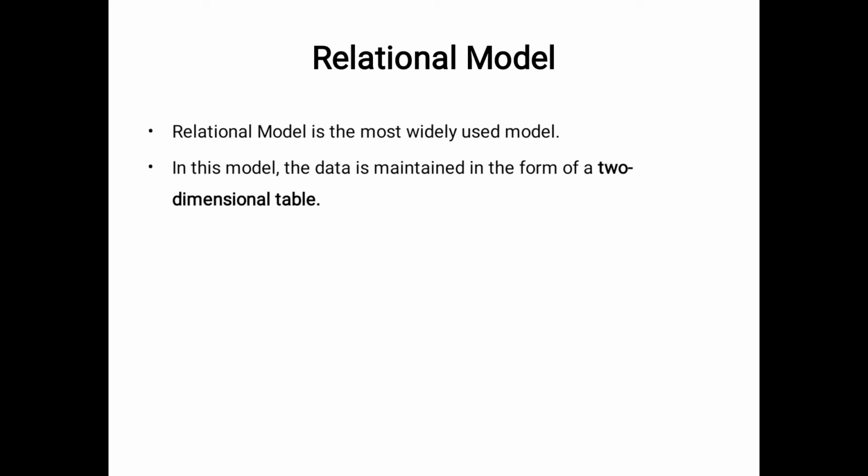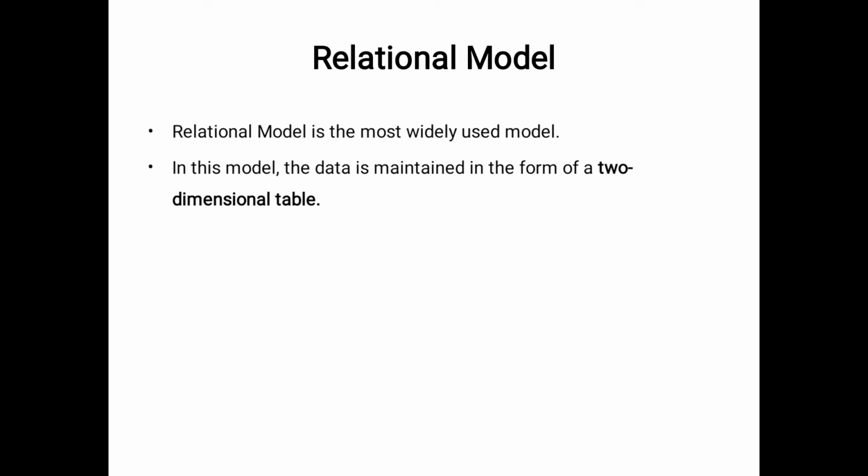The entity relationship model depends upon the entity relationship symbols. In the entity relationship model, we clearly mention the entities, the attributes, and the relationships, but some disadvantages are there in the entity relationship model. That's why we will move to the relational model.